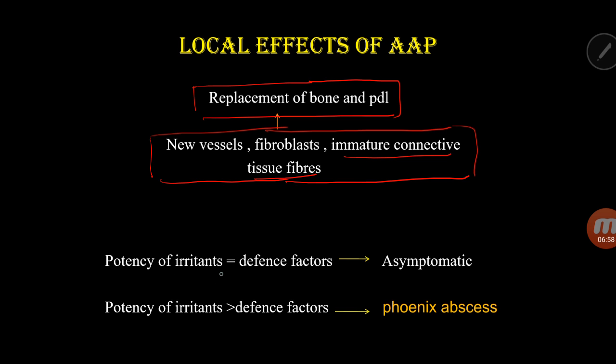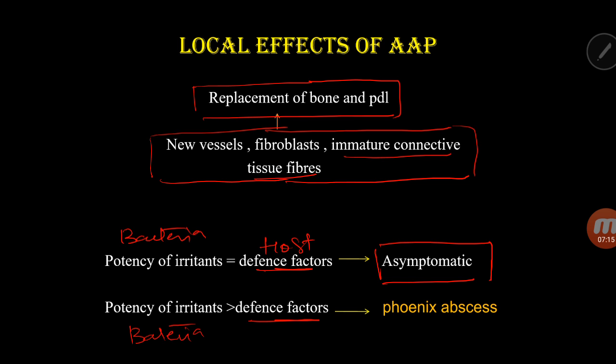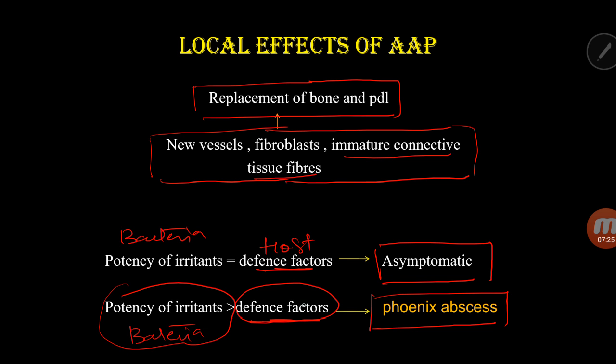If the balance is proper, like the defense of the host and the bacterial irritants are balanced, then the system will be asymptomatic. Infection will be there, but it is asymptomatic. If the bacterial potency is more when compared to the defense factors, then it leads to phoenix abscess, that is acute exacerbation of a chronic abscess, where the bacterial potency suddenly increases compared with the defense factors. So that condition is called a phoenix abscess.